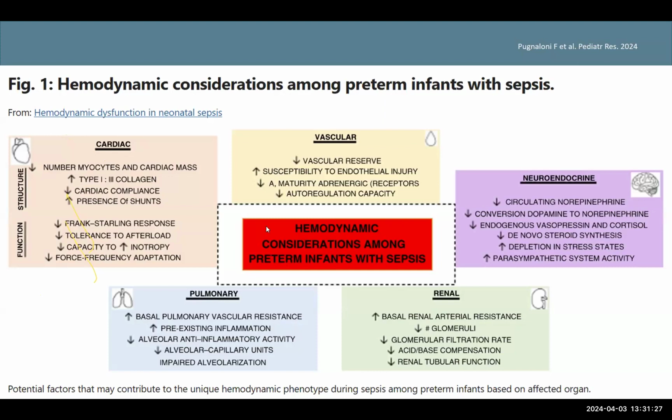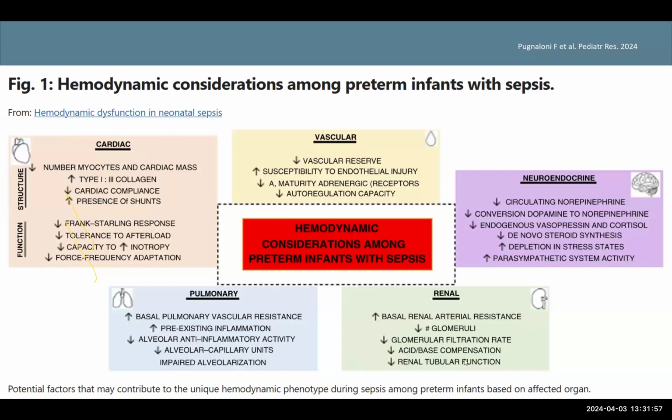They have less vascular reserve and decreased capacity for autoregulation in the face of sepsis. They may have decreased alveolar anti-inflammatory activity, impaired alveolarization, and increased pre-existing inflammation already. They may have more pulmonary vascular resistance, more PPHN, and their kidneys are less developed.